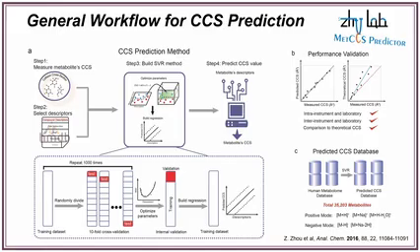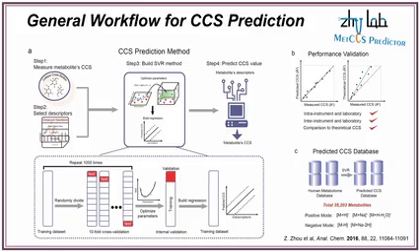And so the idea here is that you take your development set, you have some set of compounds, you know their structures, you know all of this information about them, and you have their CCS values. And you let machine learning figure out what the key molecular descriptors are that will predict a CCS value.